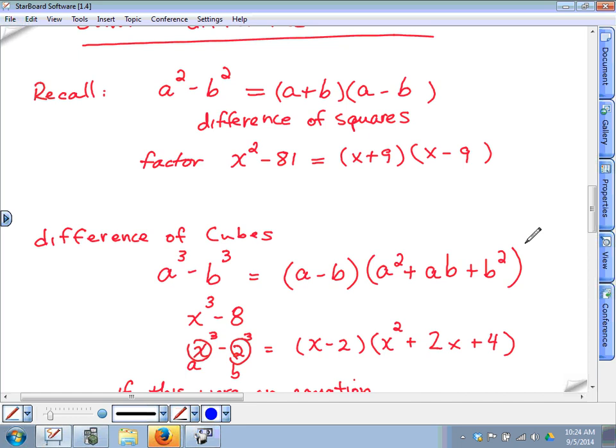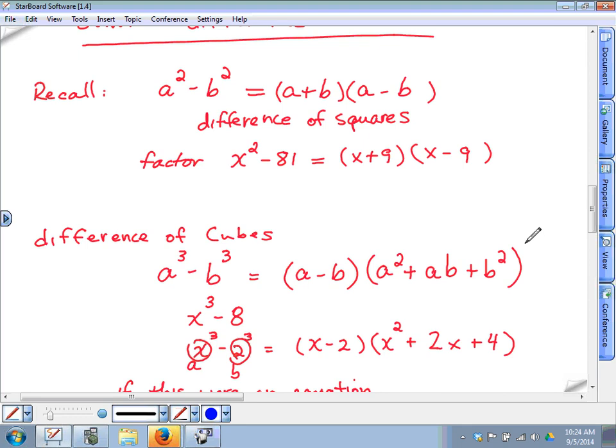So when you apply the formula, a minus b becomes x minus 2. So you're going to get x minus 2, and then x squared plus 2x plus 4.